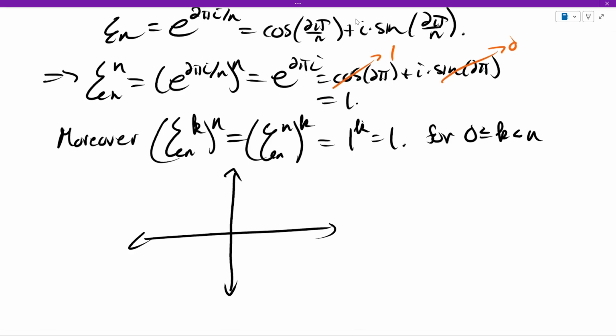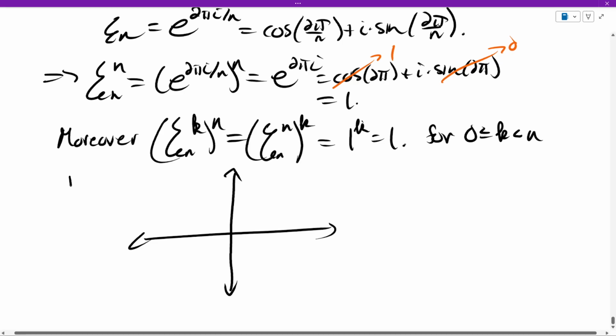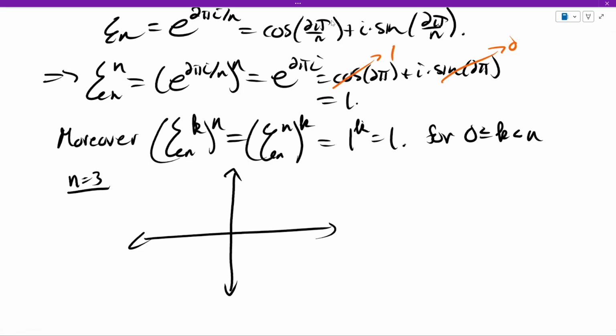So how do you visualize these guys? Let's do n equals 3 at the start. We're going to draw the unit circle. We're going to mark 1. 1, of course, is a root of 1, because 1 to any power is 1.